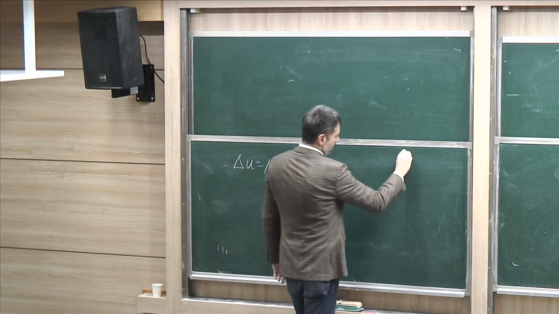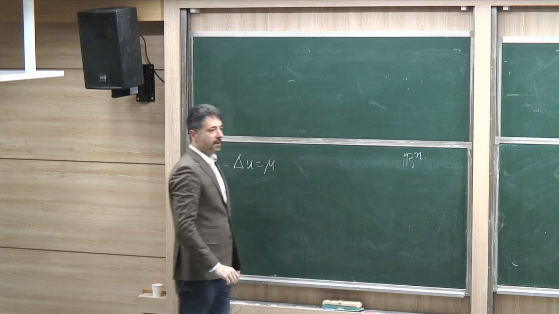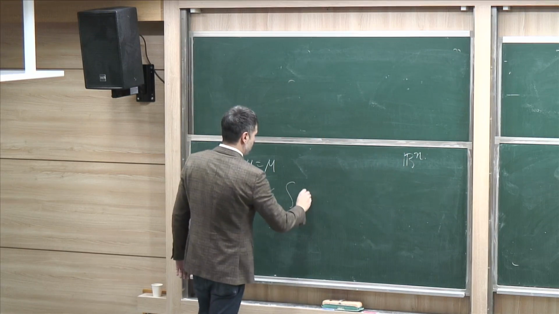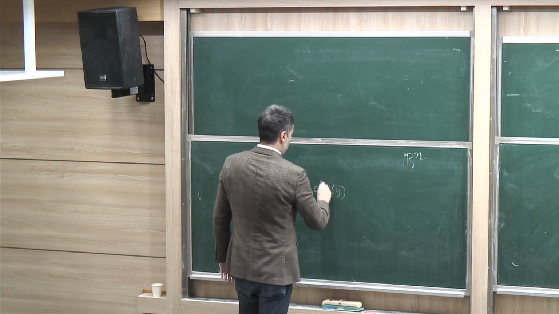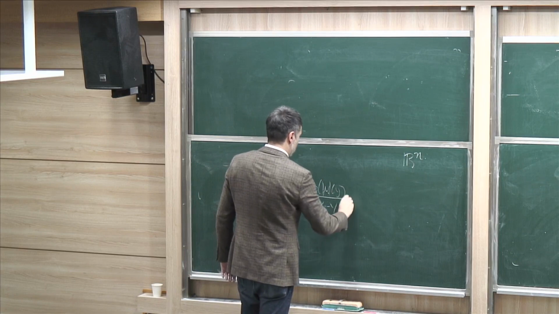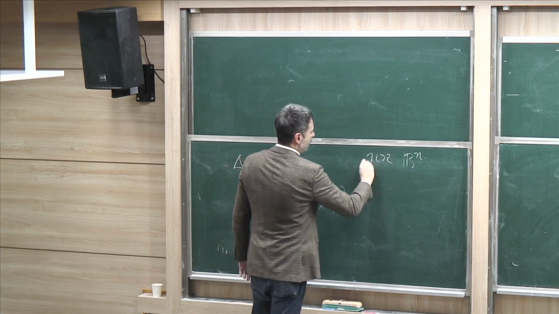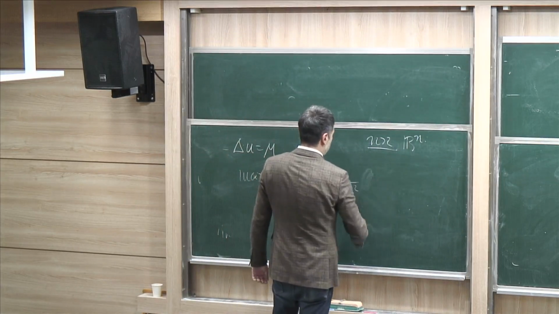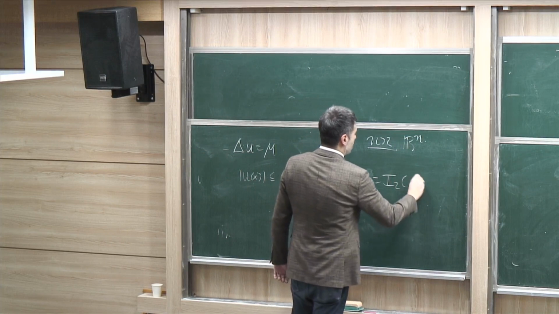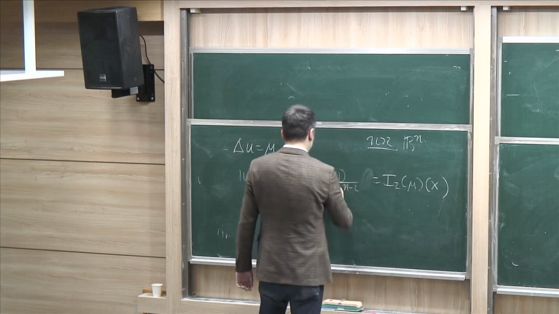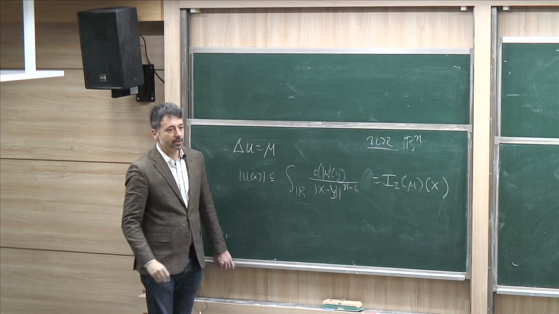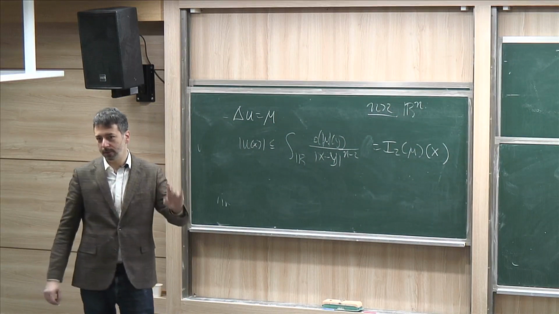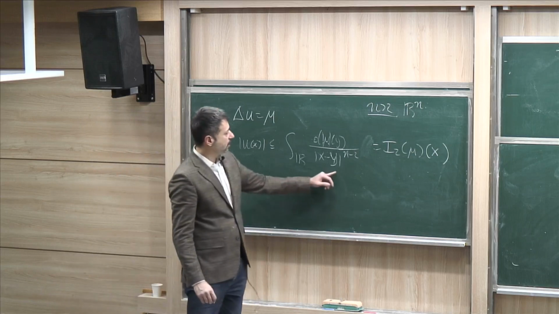You put in R^n, and the first estimate you get is |u(x)| is less than or equal to the integral over R^n of dμ(y) over |x minus y|^(n minus 2). Let me consider for simplicity n strictly larger than 2. And this is the so-called I_2 Riesz potential evaluated at x. This comes from the representation formula via the fundamental solution. That's straightforward, because that's actually the size of the Green's function.